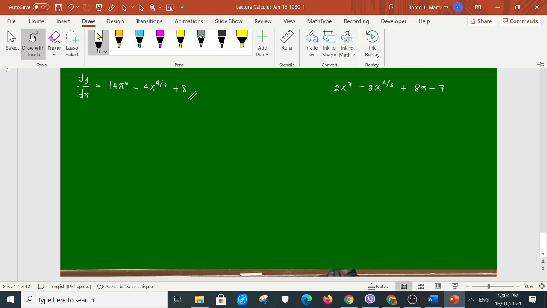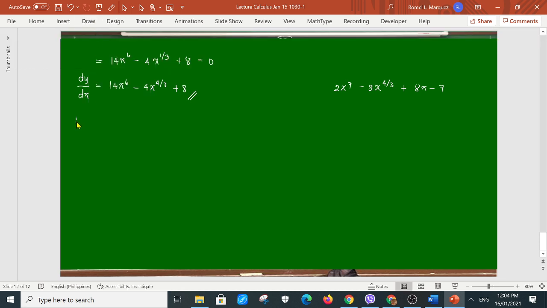A question, guys? What about if I have g of x is equal to 2x to the 5th and then 3x to the 4th minus 5.